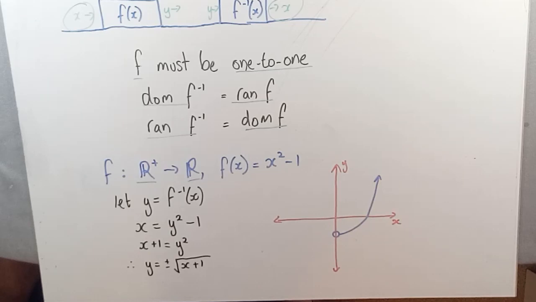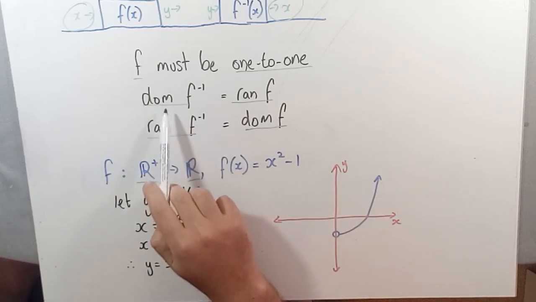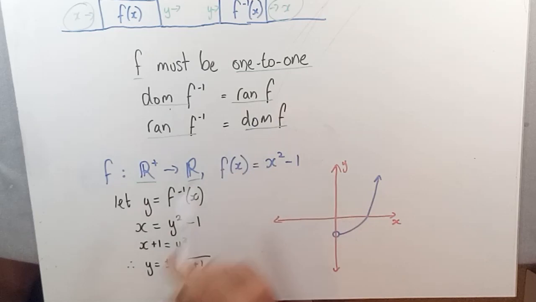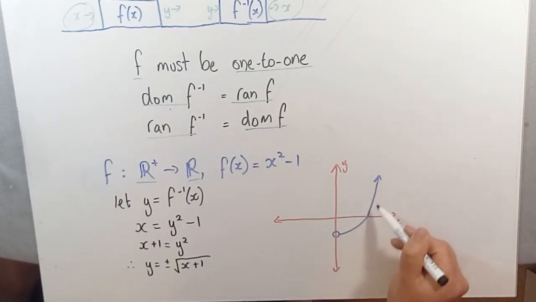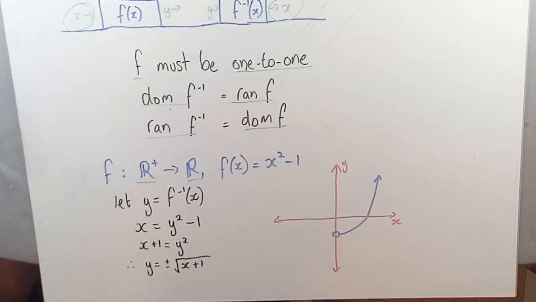Now we want all our range here. We want the domain of this to be the range of this. So we've got the range being from -1 all the way to infinity. So we want the domain of this one to be from -1 all the way to infinity. And we're going to get just the positive versions here.